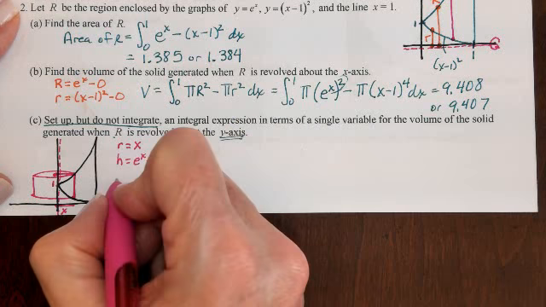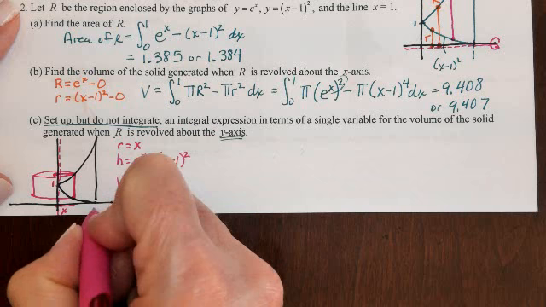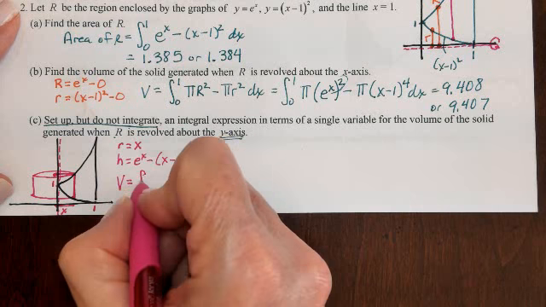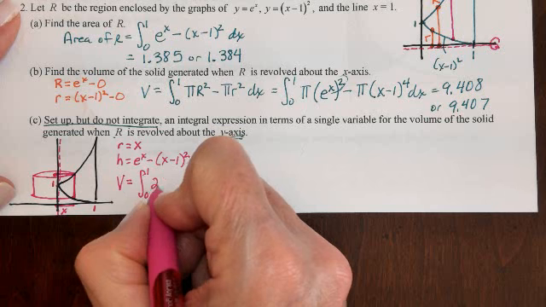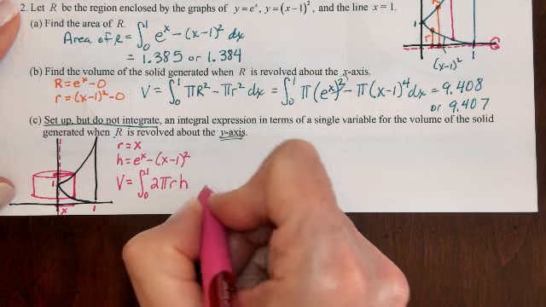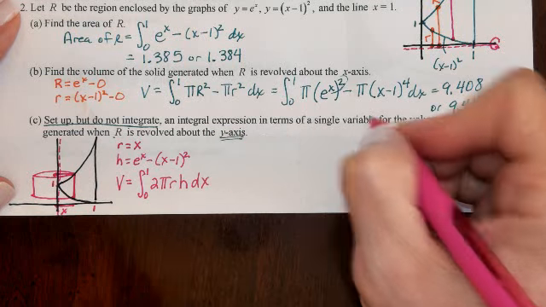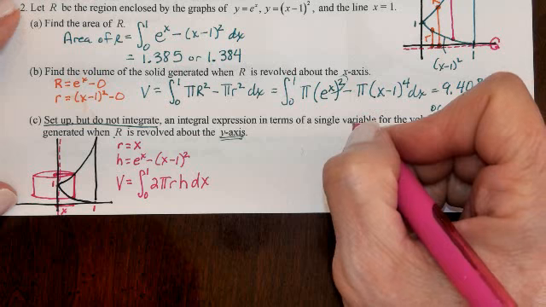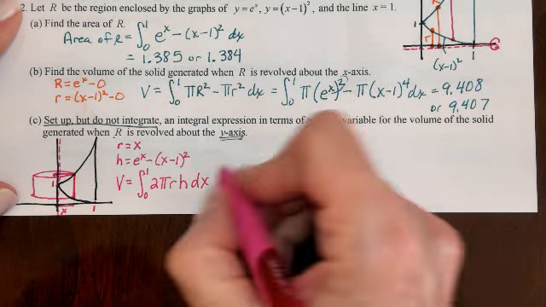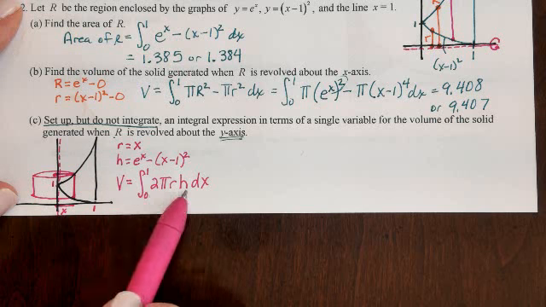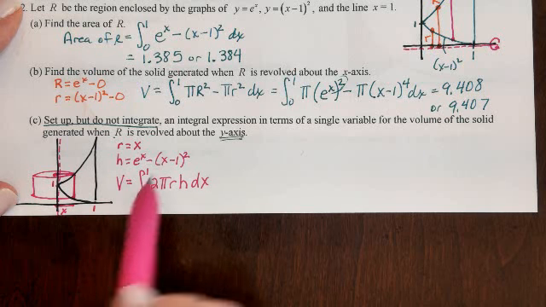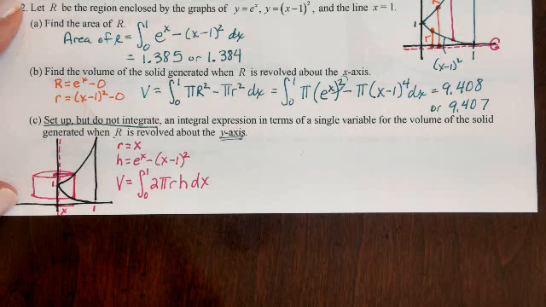And now my volume is just the integral 0 to 1 of 2 pi r h dx. So again, since I named what r was and I named what h is, I can just leave it like that. And that is that problem.